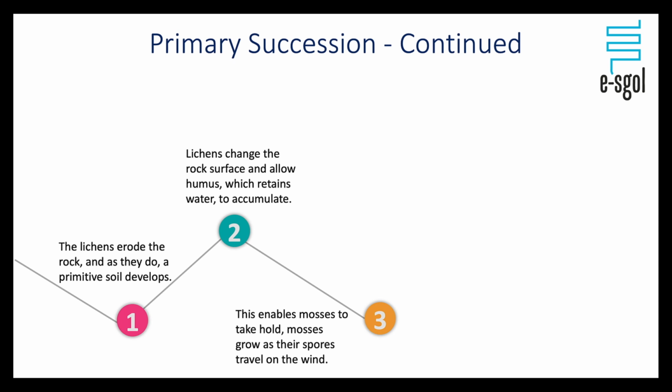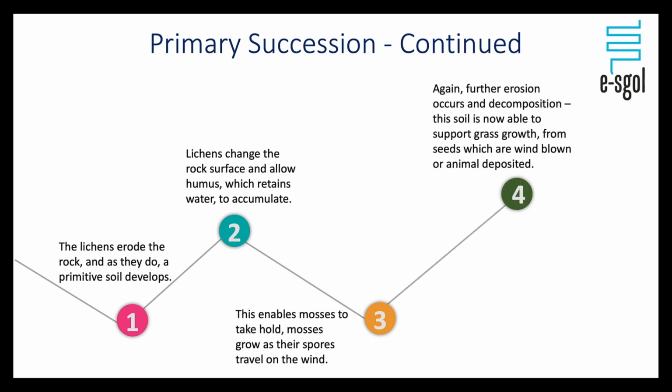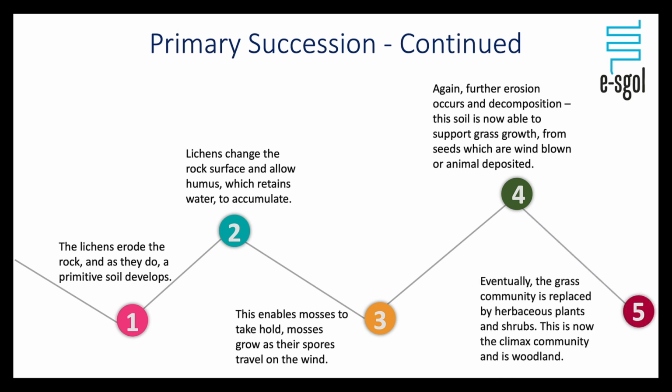Mosses grow as their spores travel on the wind. Again, further erosion occurs, and also now decomposition. This soil is now able to support grass growth from seeds which are wind blown or animal deposited. Eventually, the grass community is replaced by herbaceous plants and shrubs. This is now the climax community and is woodland.